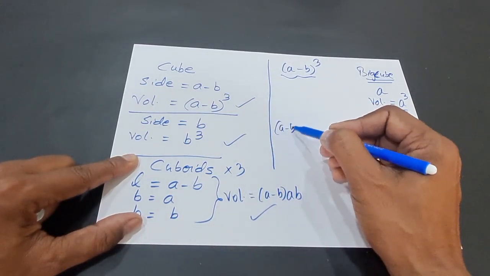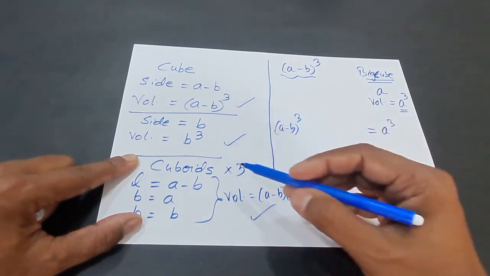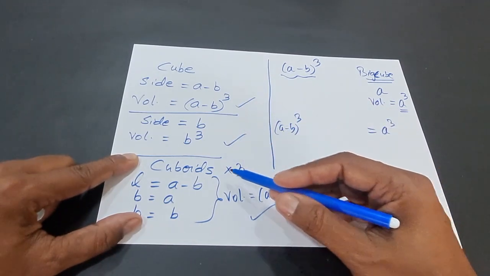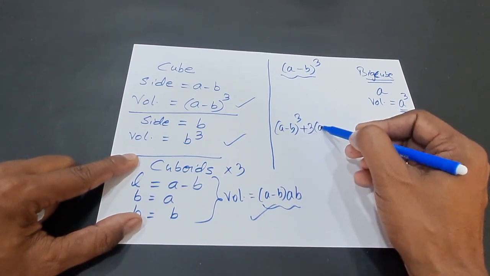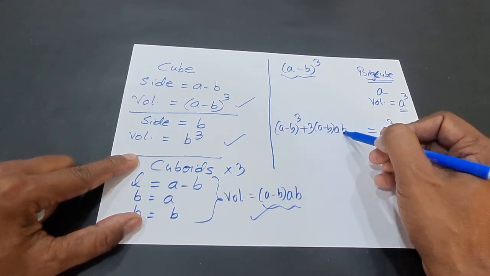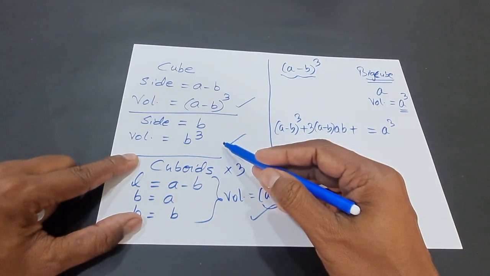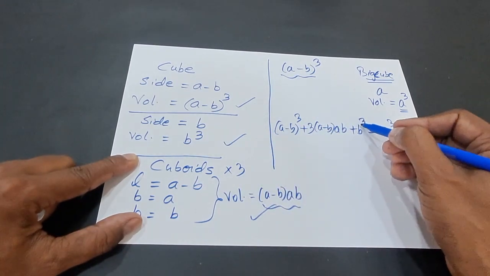So (a minus b) whole cube was the first cube, then we have three cuboids of this volume, so plus 3 times (a minus b) times ab, and plus one small cube of volume b cube.